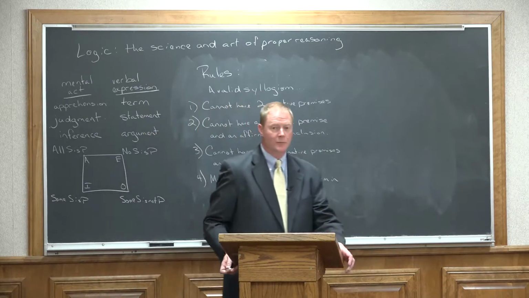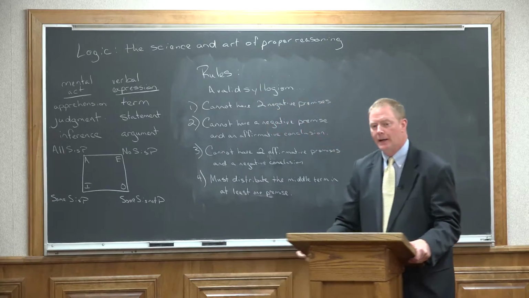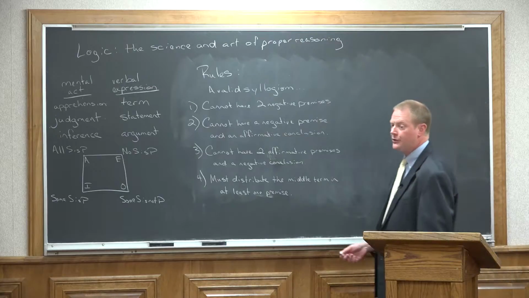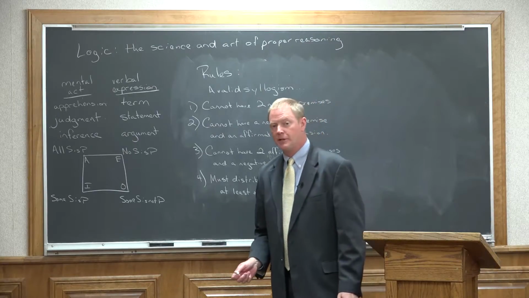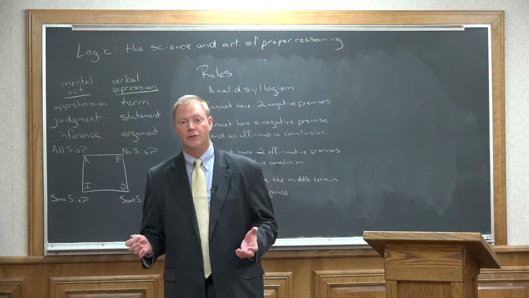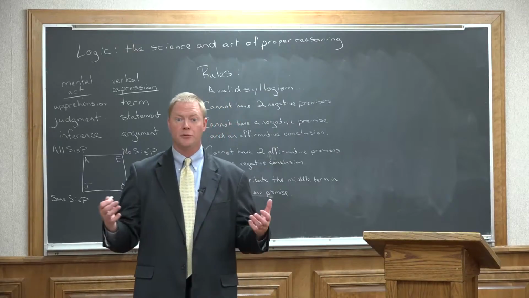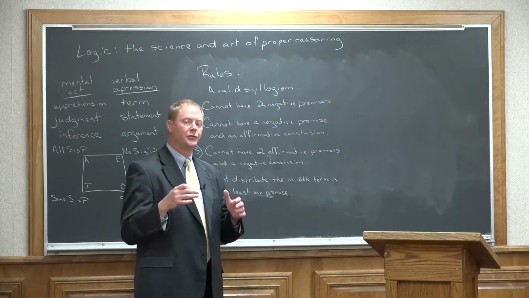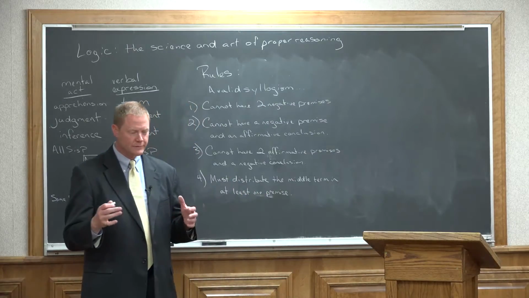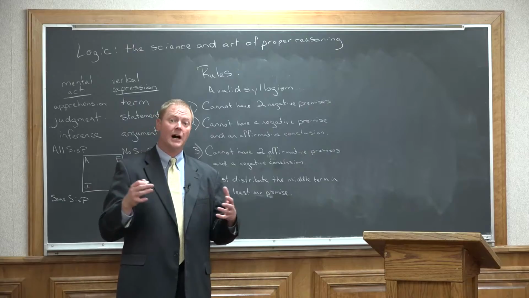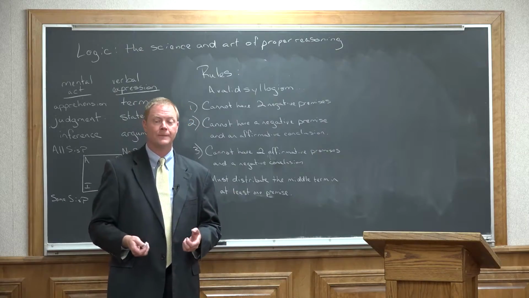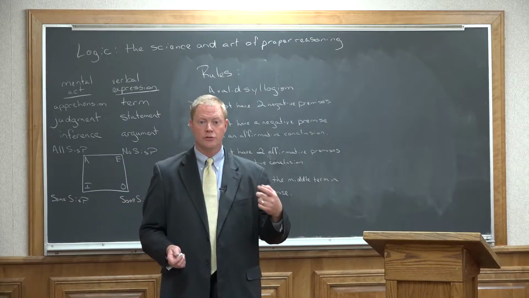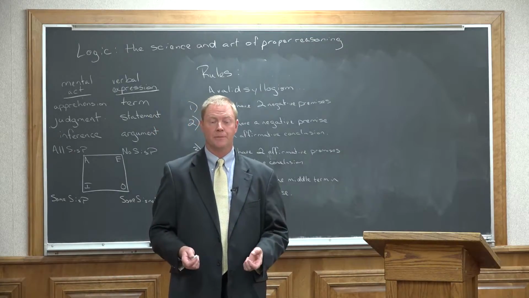Okay, now I'm going to explain to you what I mean by distribution. In at least one premise, the middle term must refer to every member of its class. In other words, it must be universal. The reason is, if the middle term is particular, if the middle term does not refer to every member of its class, then it is not connected to the middle term in the other premise.